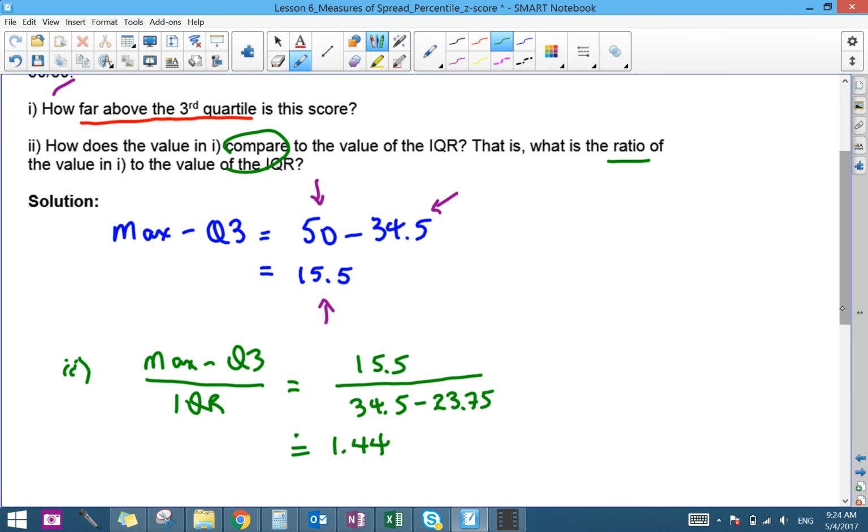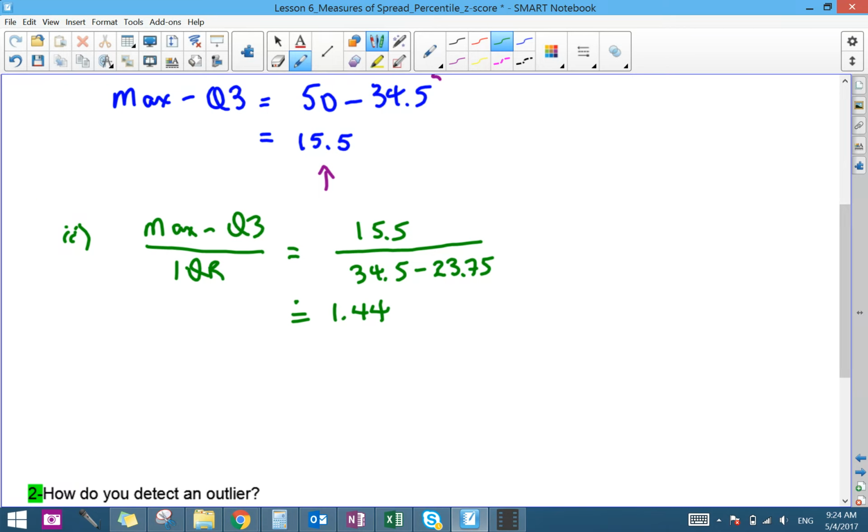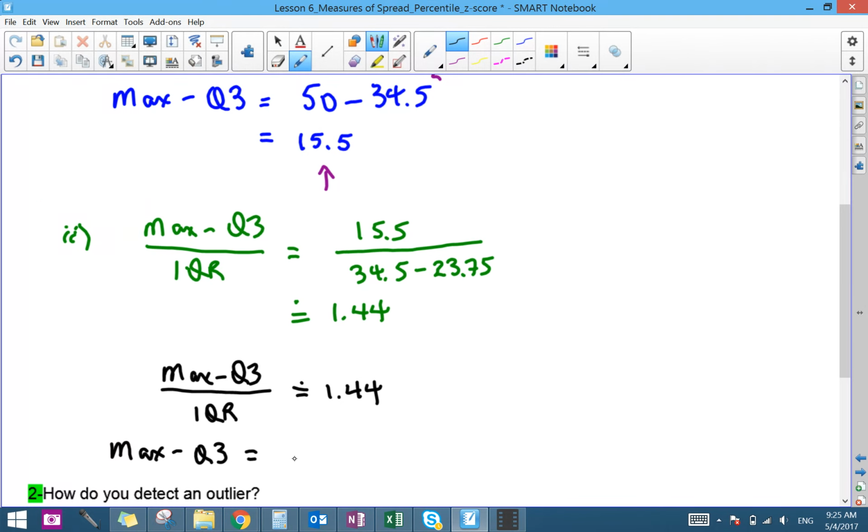Okay, so what that means for us, let me rewrite this here just to clarify. The difference of max minus Q3 divided by the IQR is giving us about 1.44. If we rearrange that and isolate max minus Q3, we would multiply 1.44 by the IQR.